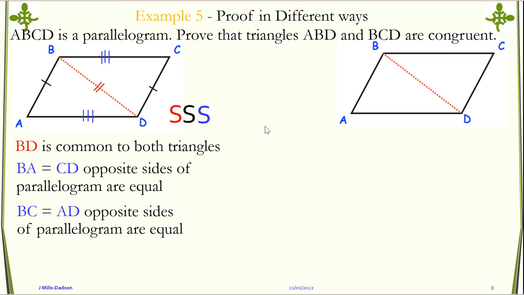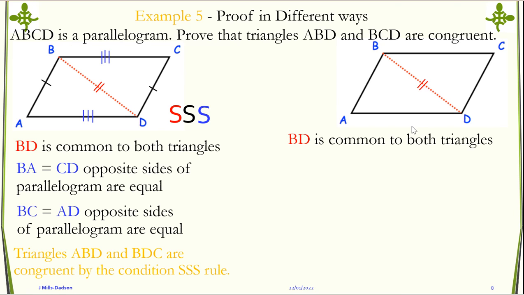Let's see if we can prove it in a different way. We still have a common side, so that's a side. We know that this angle is equal to this angle. Reason is alternate angles are equal. Remember, there's a parallel line here, and that becomes a transversal.